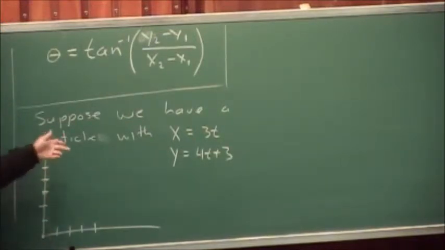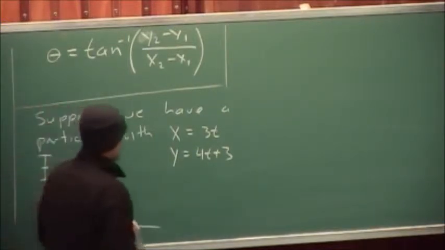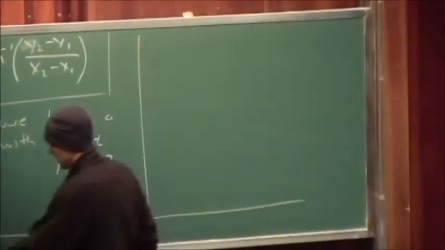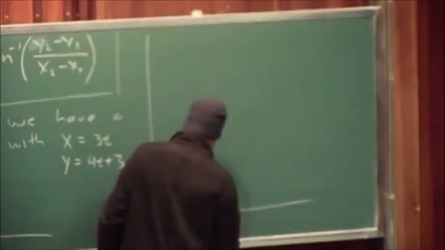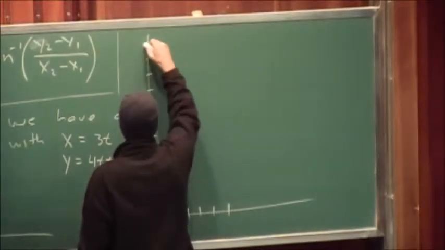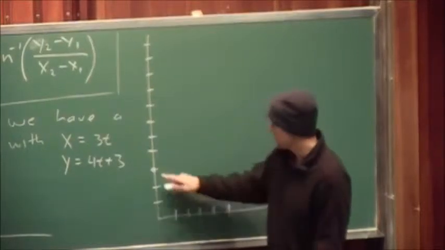And then at time t equals 1, I'm going to need a bigger graph here. Let me do this again. Okay, so we have this at time t equals 0.